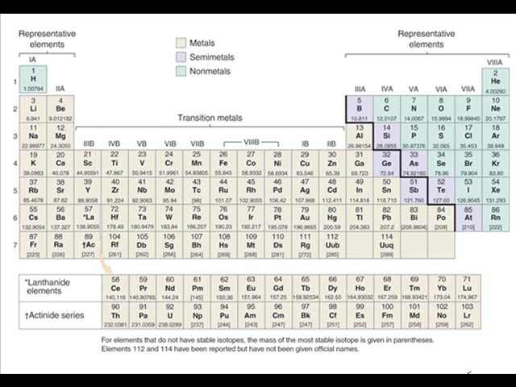The green atoms on the right of the periodic table, those are the nonmetals, and they will tend to gain electrons to complete the outer shell, and therefore they will tend to become negatively charged ions called anions.